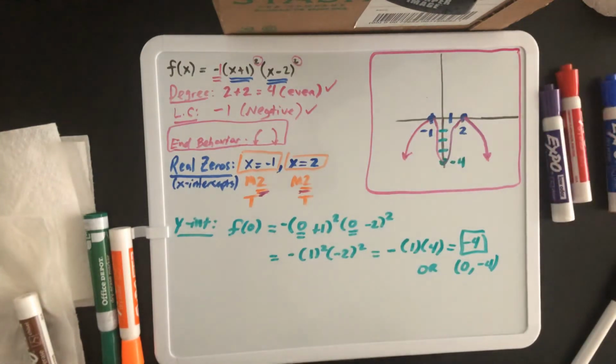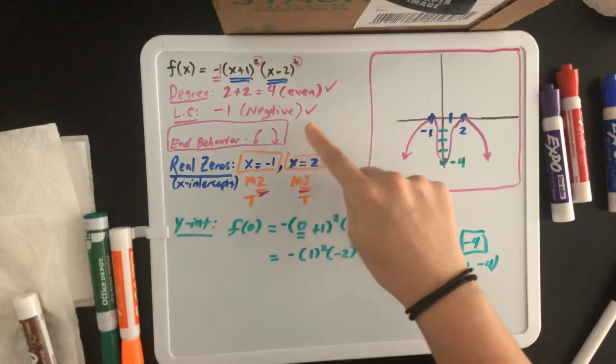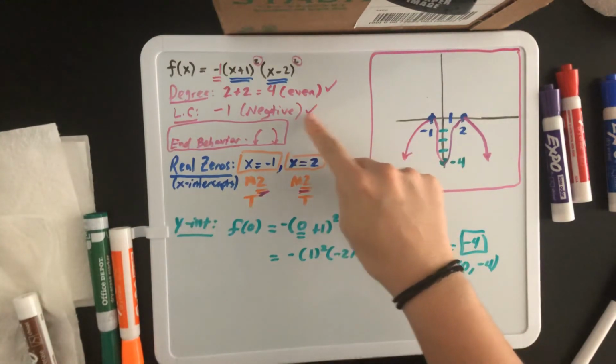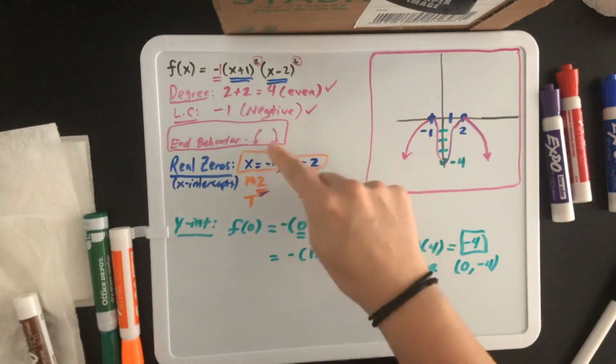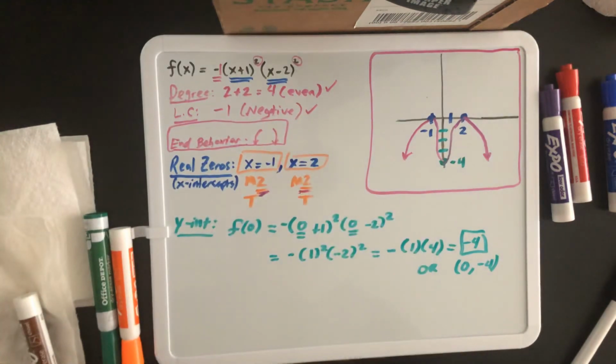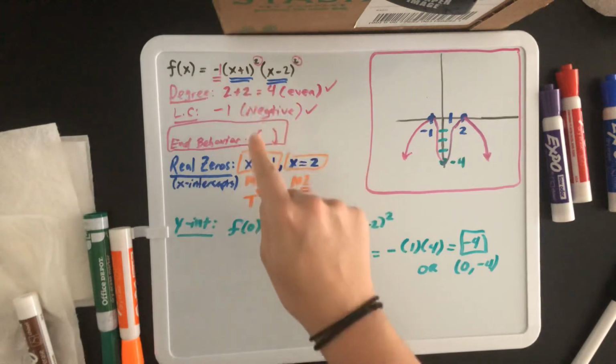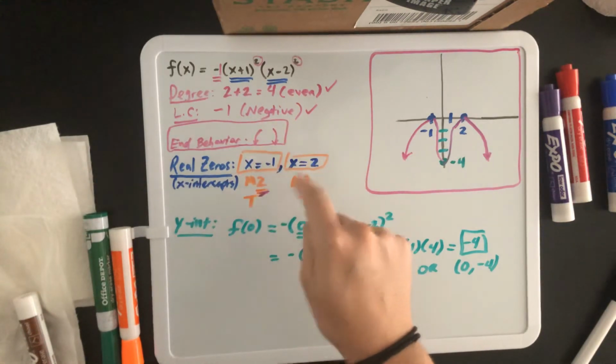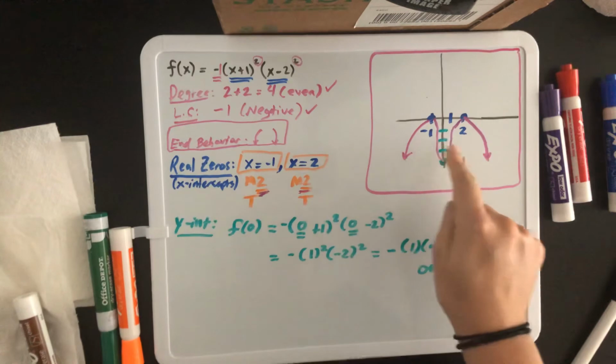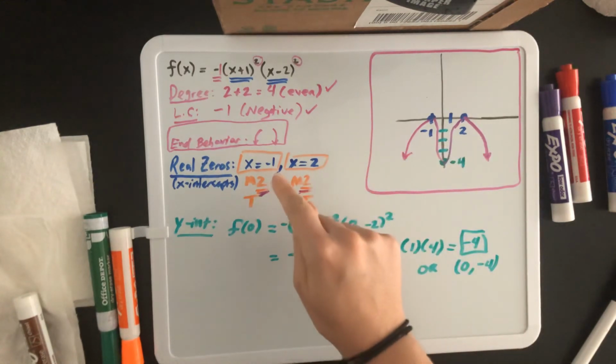So we were able to draw a sketch of the polynomial by using the end behavior, which I found using the degree being even and the leading coefficient being negative. That meant I go down, or I fall, in both cases at the extremes. I found my real zeros by letting each factor equal 0. That was -1 and 2 as my real zeros, so I put those on my graph. I noticed their multiplicities were both even.